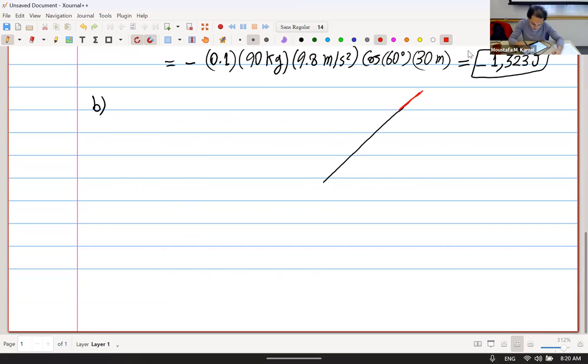So first, let me put the coordinates. Let's put the coordinates like this. This is X, this is Y. Okay. This is the force of gravity, mg, or let me call it Fg for now. Okay. This angle is 60 degrees. And we have, again, tension and friction.